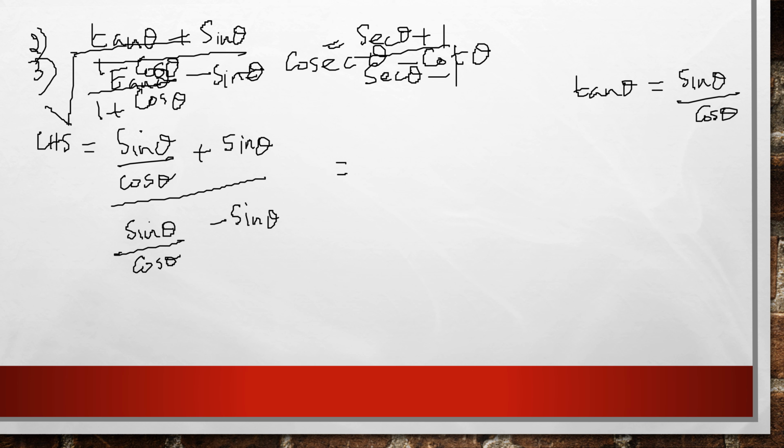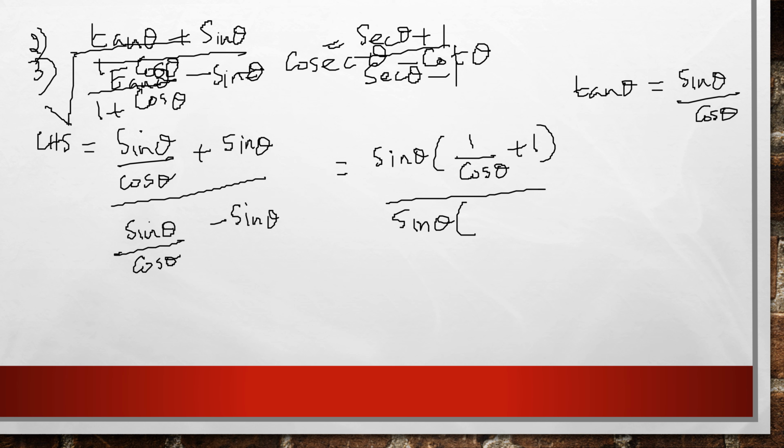and from the numerator sine theta is common, so we can take sine theta as a common factor, so that inside the bracket we will have 1 by cos theta plus 1. Similarly, from the denominator also we can take sine theta as a common factor, so that inside the bracket you get 1 by cos theta minus 1.